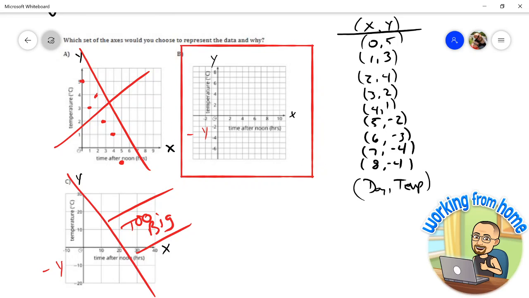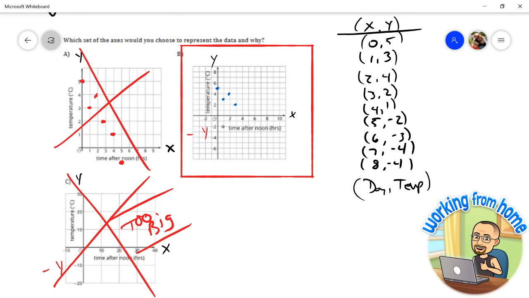Now, as I like to say, do the math. Only takes a second to be 100% confident when you come out of this problem. Let's plot. Okay? 0, 5. Got it. 1, 3. Got it. 2, 4. Got it. 3, 2.